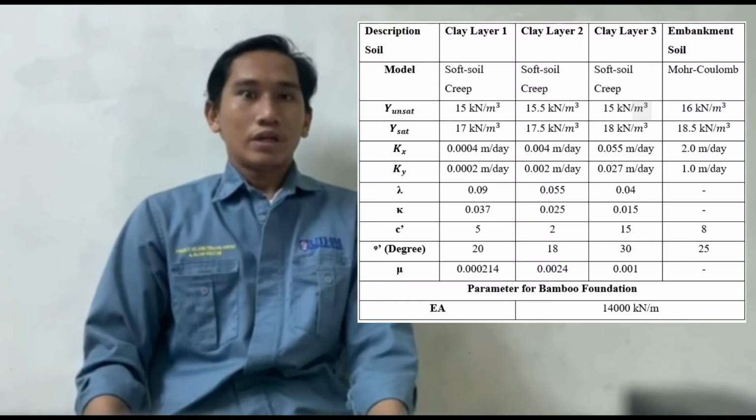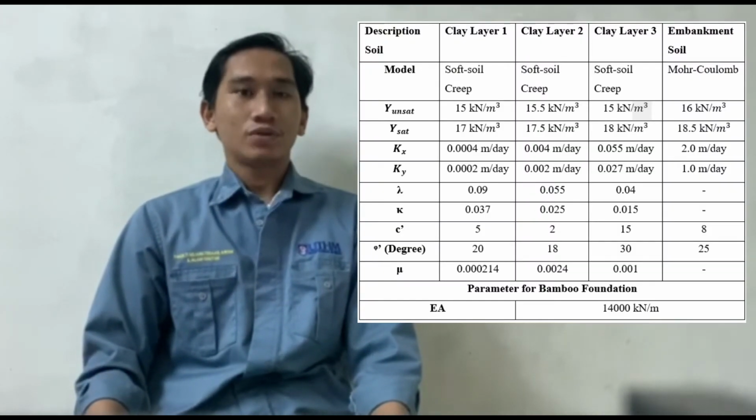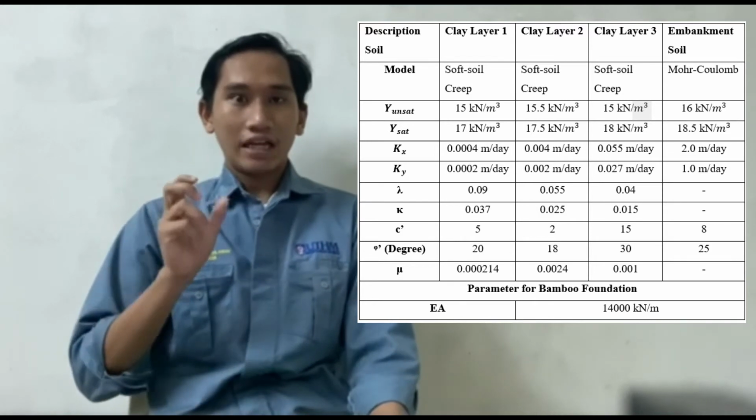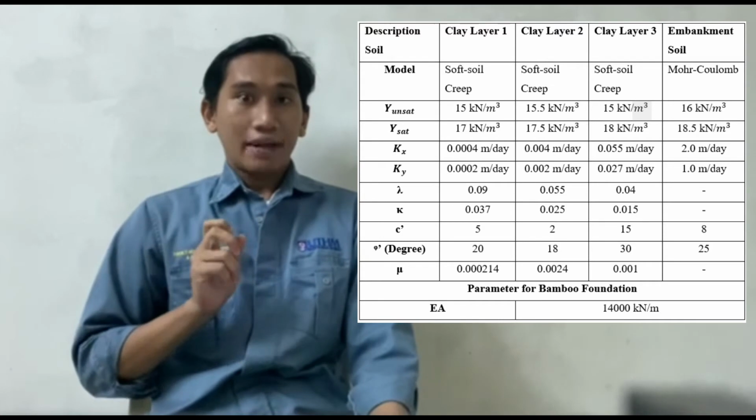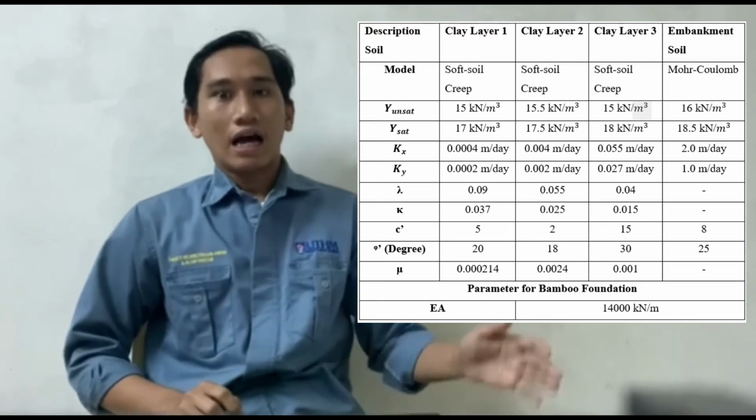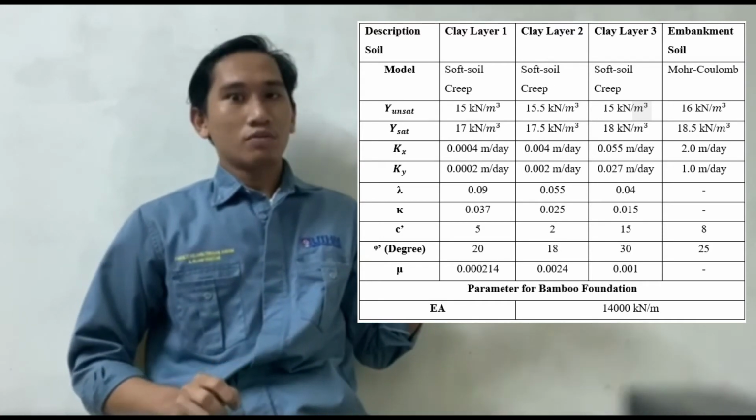Also for the improvement of the soft soil layer, we propose the bamboo foundation. In Plaxis 2D, the EA value is 14,000 kN per meter. This is our proposed model as stated.